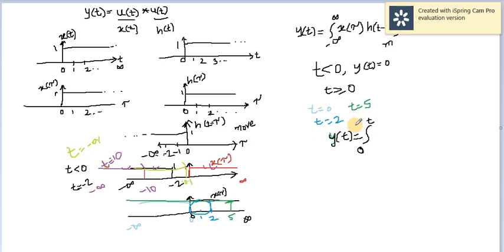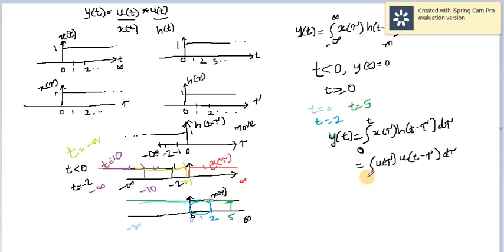So 0 to t, x of tau, h of t minus tau d tau. As we know, our x of tau is u of tau and h of t minus tau is u of t minus tau, d tau, and the limits will be from 0 to t.